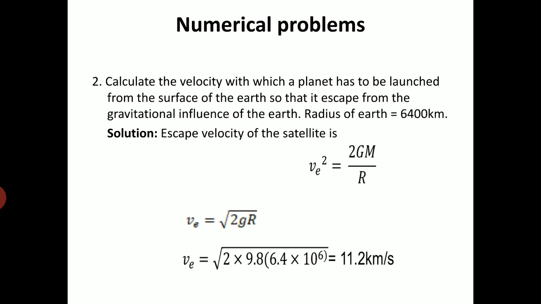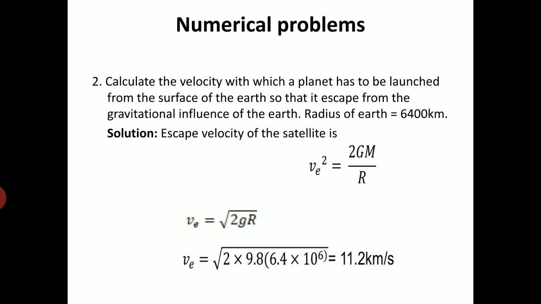Second problem: calculate the velocity with which a planet has to be launched from the surface of the Earth so that it escapes from the gravitational influence of the Earth. Given, the radius of the Earth is 6400 kilometer.